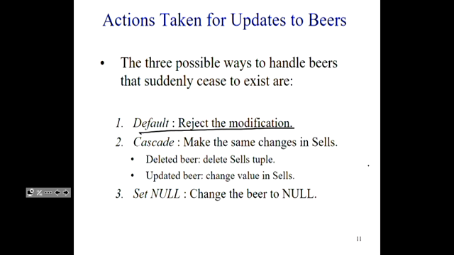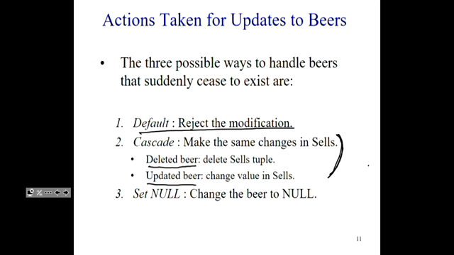The first way to do that is to make the same changes in Sells. Okay, so if there is a deleted beer, you delete the corresponding Sells tuple. If there's an updated beer, you change the value in Sells.